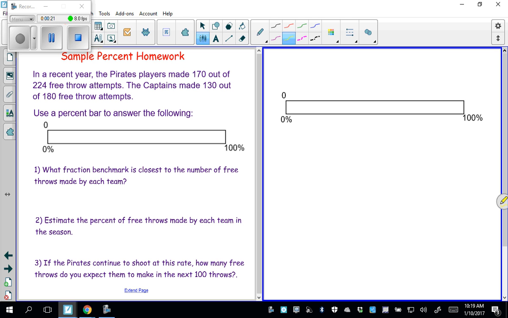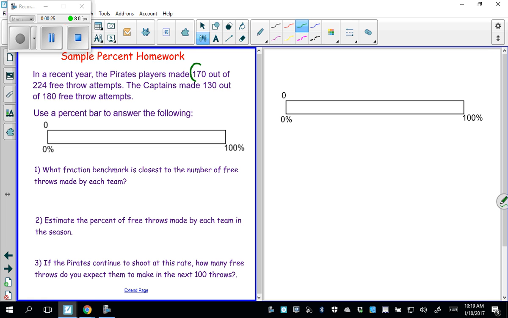In a recent year, the Pirates made 170 out of 224 free throws, and the Captains made 130 out of 180 free throws. So our job is to use a percent bar to answer the following.